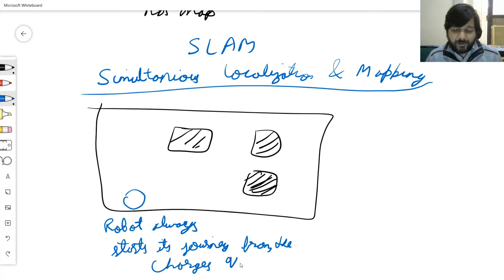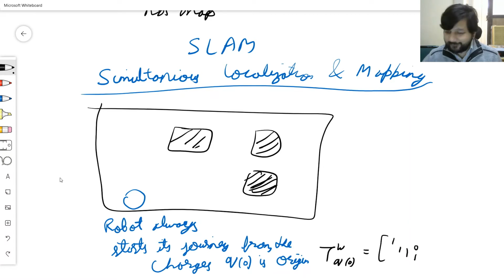So position at time 0 is origin, which is basically written as the transformation from world to position at time 0 is identity. I'm not going into the mathematics anyhow.